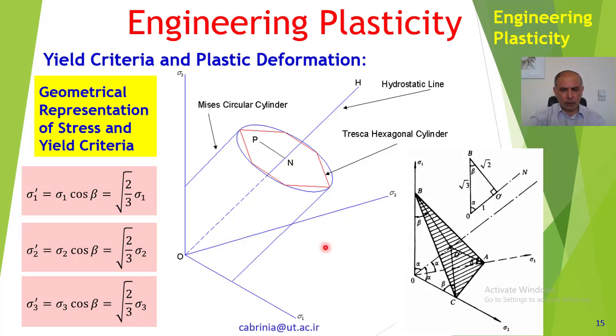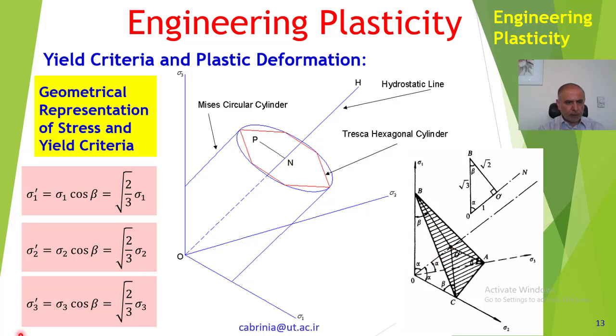In other words, this scaling factor scales everything in the three-dimensional space of stress into the two-dimensional deviatoric plane. Everything in the three-dimensional stress space that we want to project onto the deviatoric plane, we just multiply by root 2 over 3 to scale it to the right size.